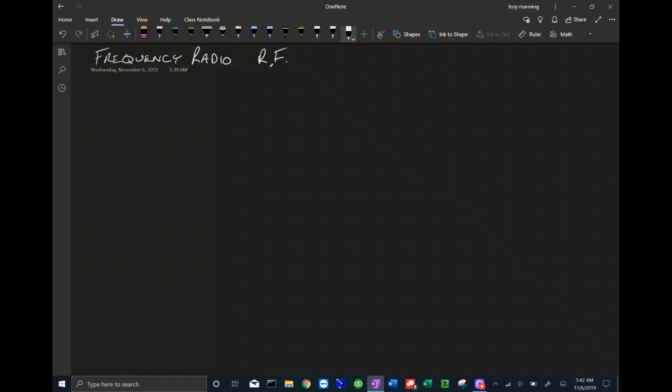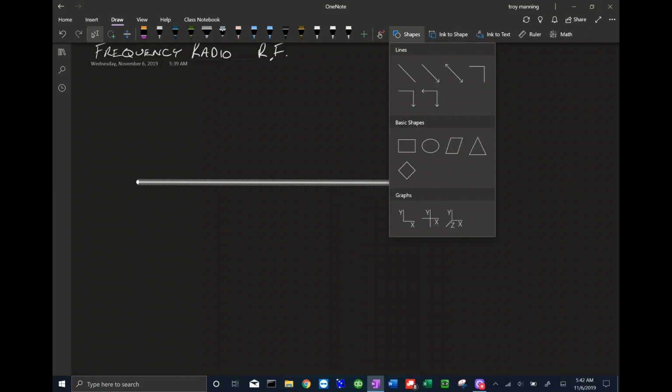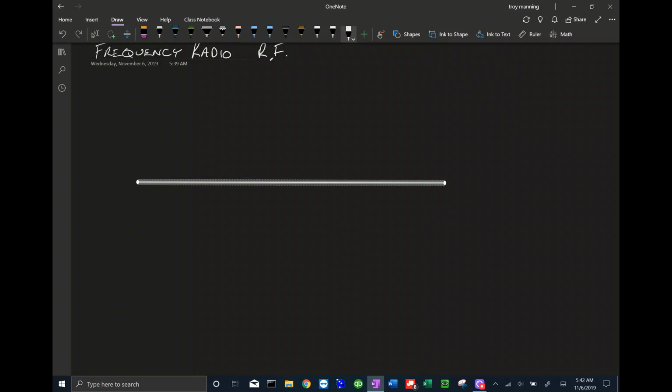So say we've got our center line here. Let's do this a little bit neater. How can I draw shapes? Lines. We're going to make one straight line, right? Let's see if we got any other shapes. No, never mind. Okay, so we got our line.